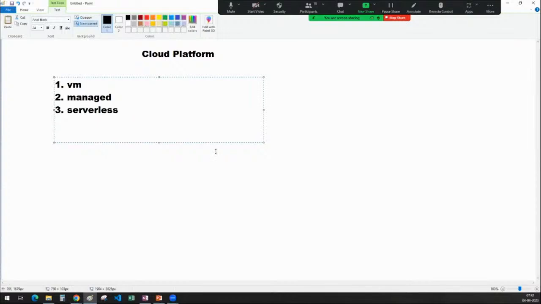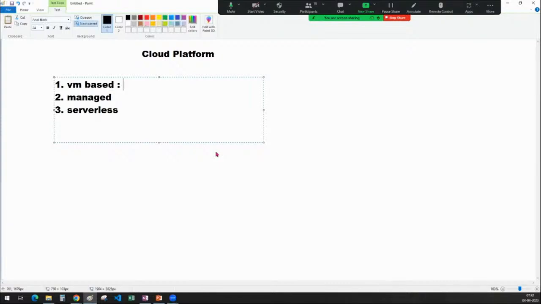People call it VM based. These are the three categories. If you go to any cloud platform, the services are categorized into three. One is VM based services. One more is managed services or fully managed services, and the third one is serverless.